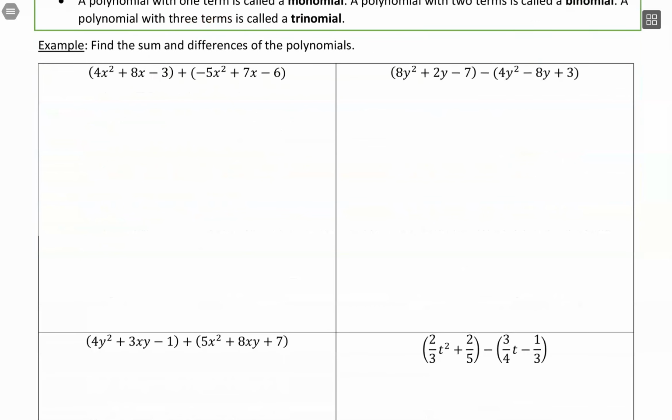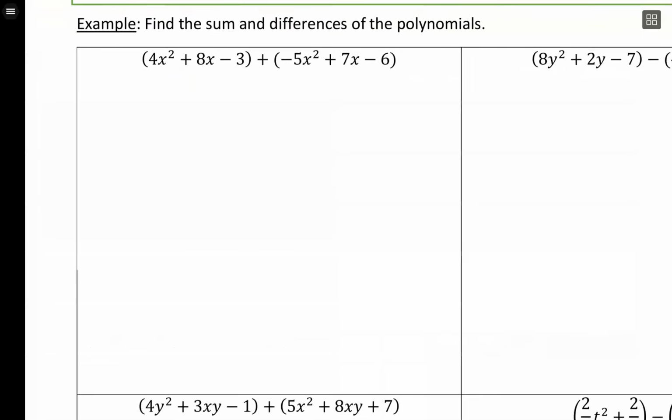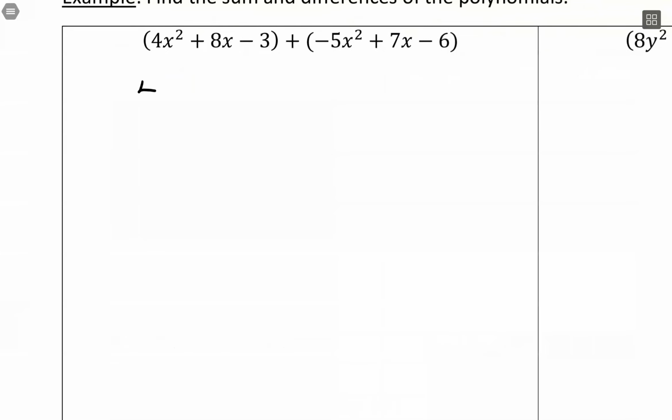So in this first example here, we're adding 2 trinomials together. Now when you have addition between the two, you can just drop the parentheses. So I'm just going to drop those parentheses. So 4x squared plus 8x minus 3, and then like a positive 1 times a negative 5x squared, so that's going to be minus 5x squared plus 7x minus 6.